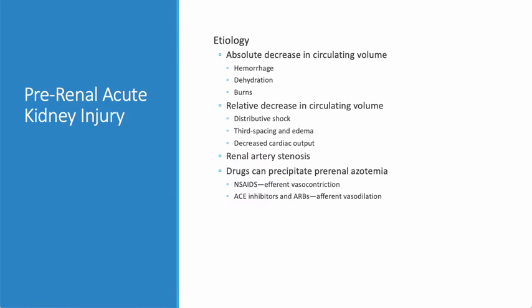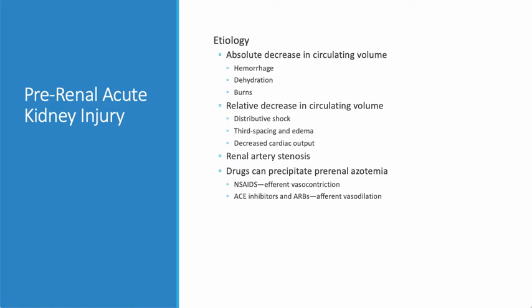There can be a relative decrease in the circulating volume. So think about distributive shocks here. Those are septic shock, neurogenic shock, or anaphylactic shock. In those cases, there's enough fluid in there if the vasculature were constricted enough.